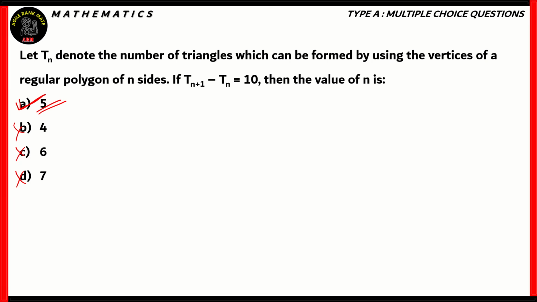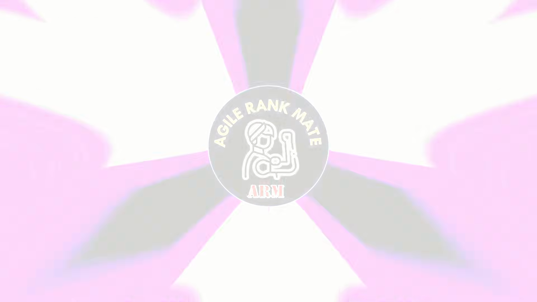So in this particular question, we're taking triangles out of a pentagon because we have 5 sides. And if you take the number of triangles from a hexagon and subtract the number of triangles that you can take from a pentagon, the value will be 10. So therefore, we can safely say that option A, 5, is the right answer.